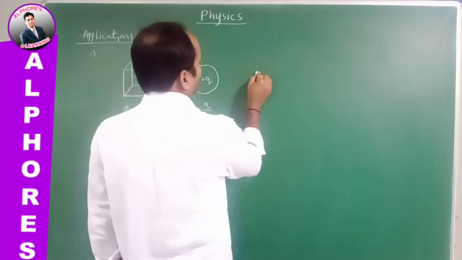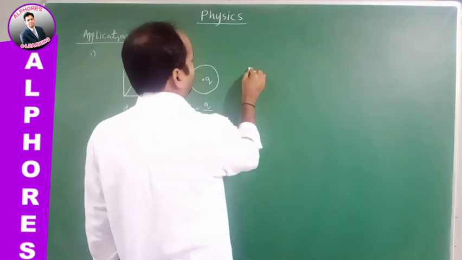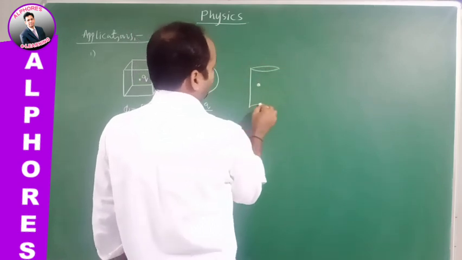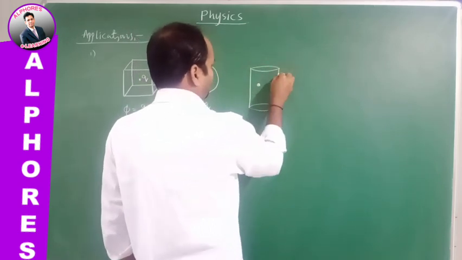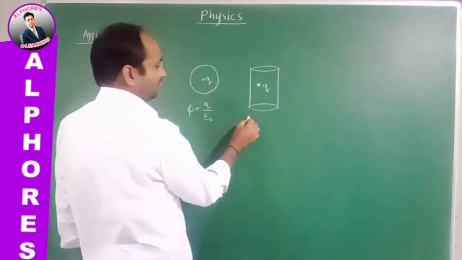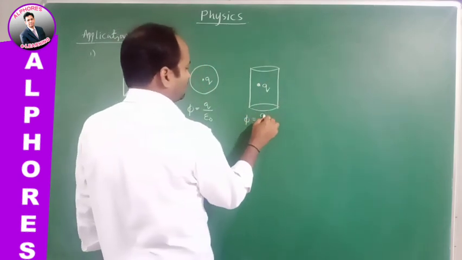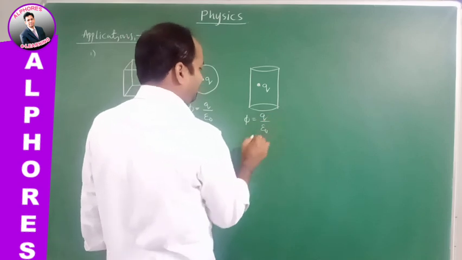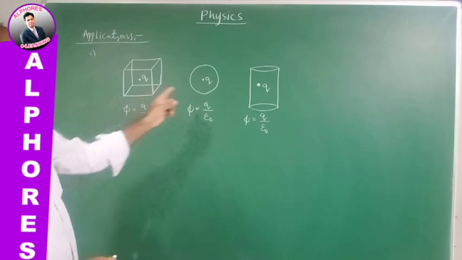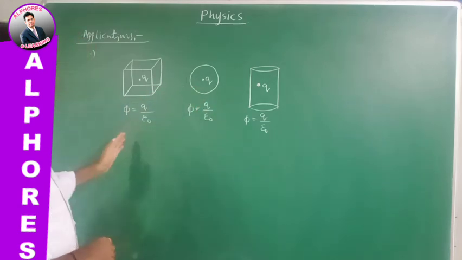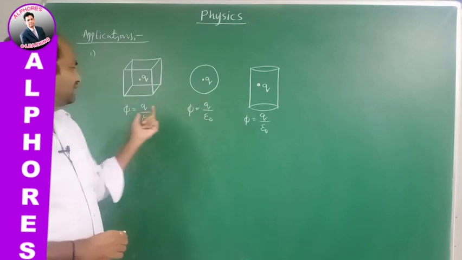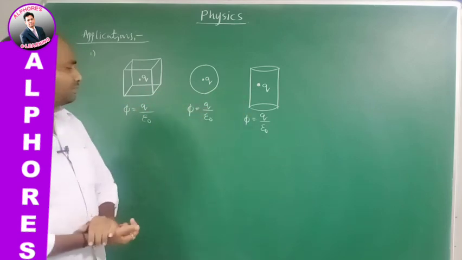Or if the same charge is enclosed by a cylinder, here also the flux is phi is equal to q by epsilon naught, meaning irrespective of shape and size, if a charge q is enclosed in these three cases, then the total flux passing through them is phi is equal to q by epsilon naught.